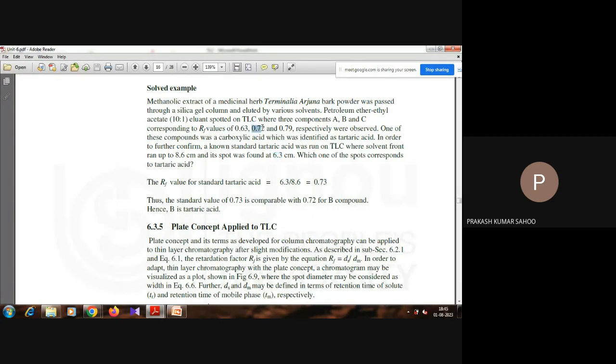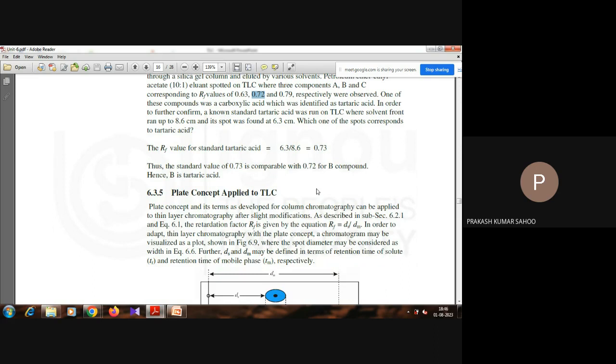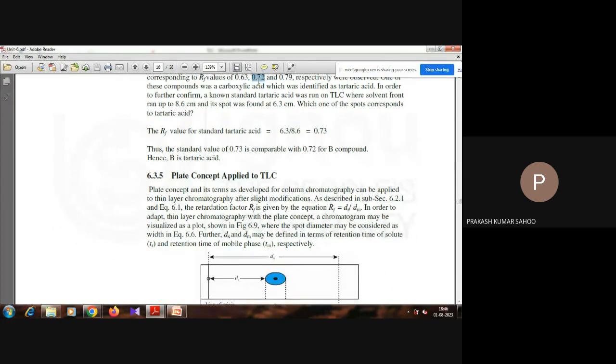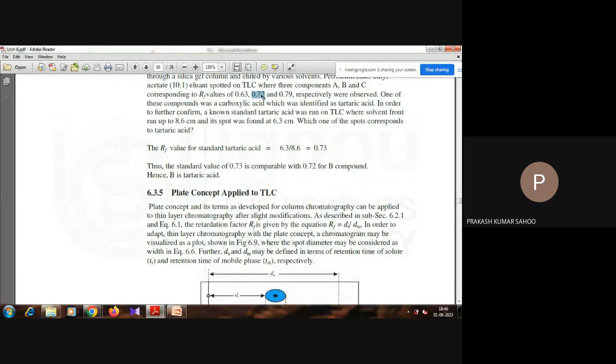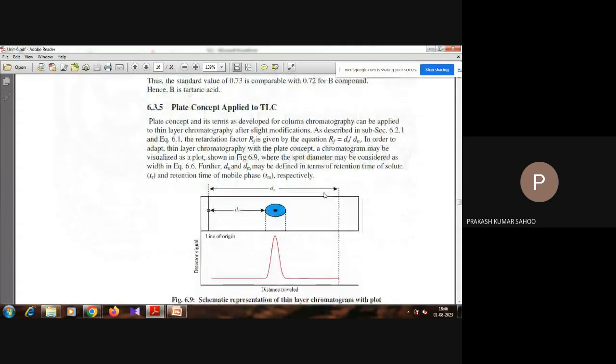So that's why spot B is your tartaric acid. There are 3 samples taken and these are the RF values, and the tartaric acid values are given here. Here this is the pure tartaric acid TLC, 6.3 by 8.6. This value is very close to your spot B, and that's why spot B is your tartaric acid.